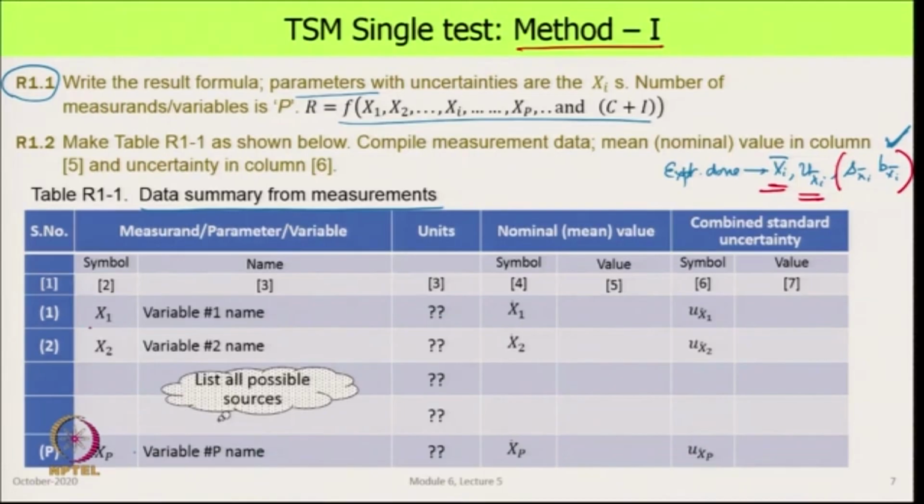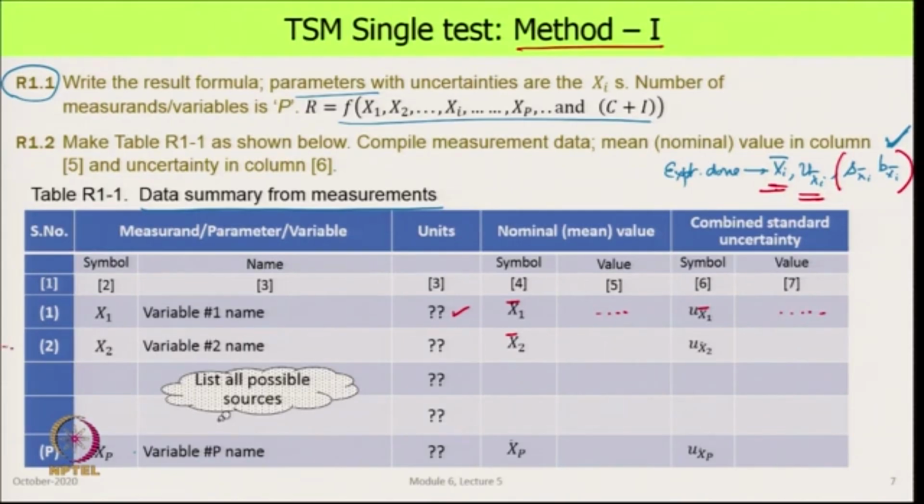So, we write down first variable number 1, x1, whatever it is, diameter, velocity, concentration, whatever it may be, the name of the variable, we write its units and then say this is the symbol for it, x1 bar, and we write the value which came from here. Similarly, for the combined standard uncertainty, we write u x1 bar and write its value.